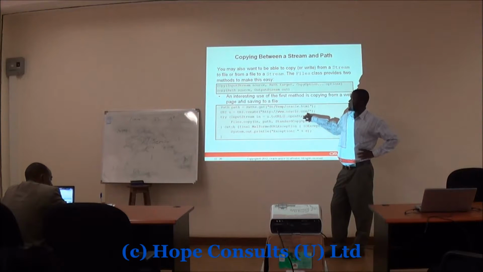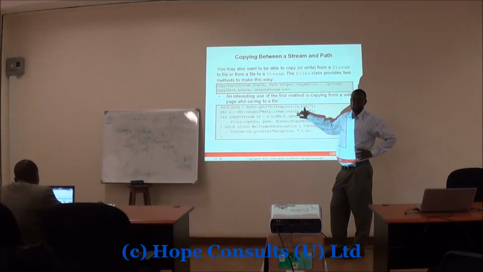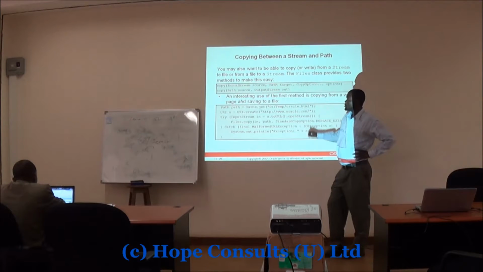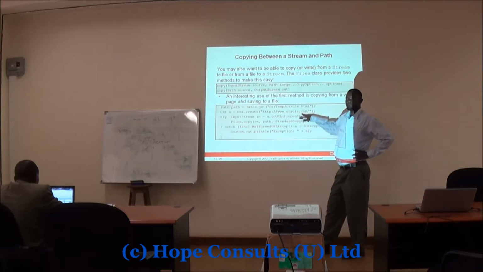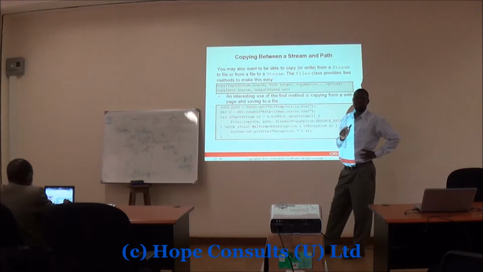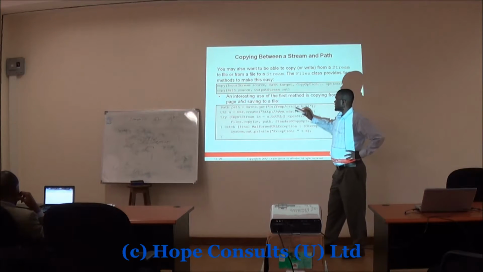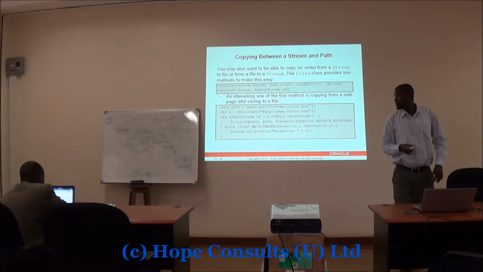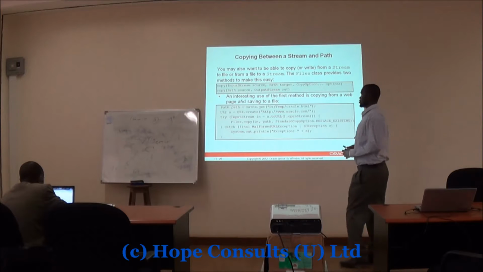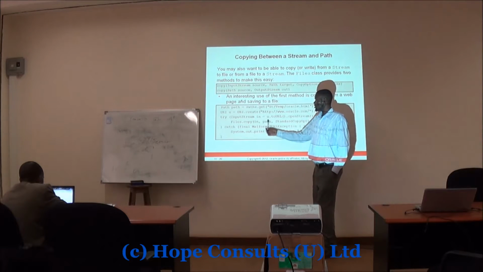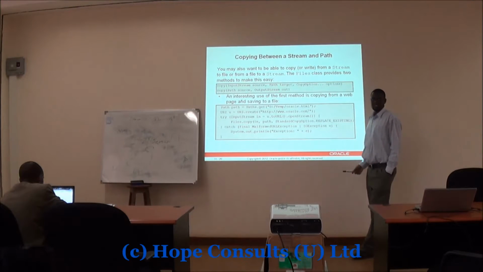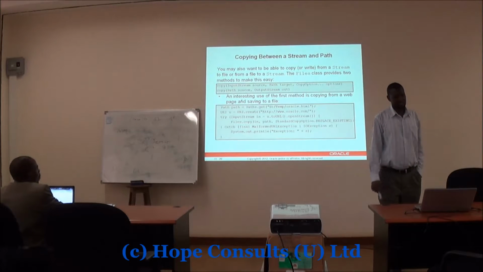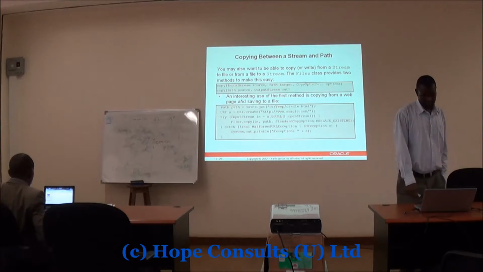And you want to save it as HTML. That's the destination. So the input stream comes from the web. You read the stream from the web, then save it as HTML, the address. So this is the input, this is the output part. If it exists, we replace. If it's not there, we just omit it.